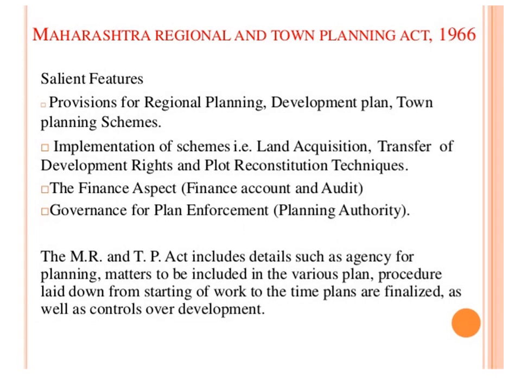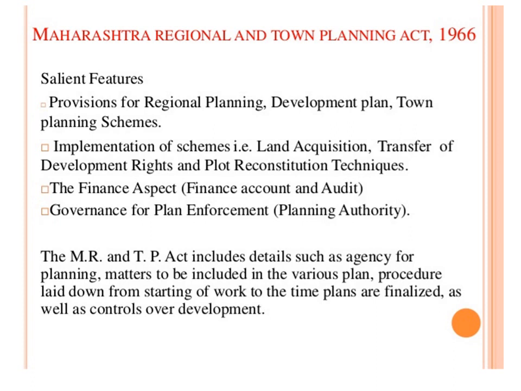So, in this slide, we are going to see what are the salient features of Maharashtra Regional and Town Planning Act 1966. The features are provision for regional planning, development plan, town planning schemes, and implementation of schemes, that is land acquisition, transfer of development rights and plot reconstitution techniques.